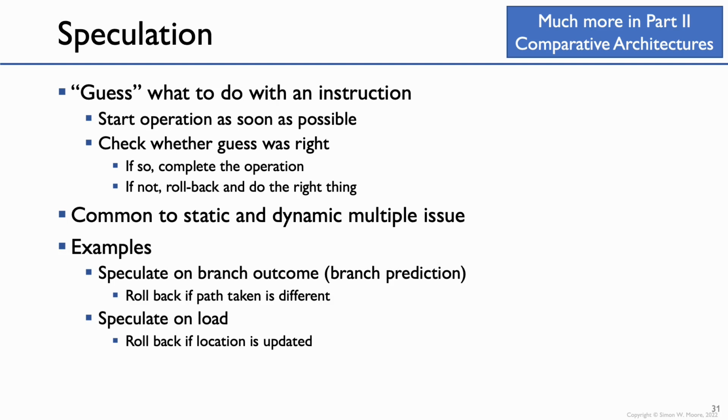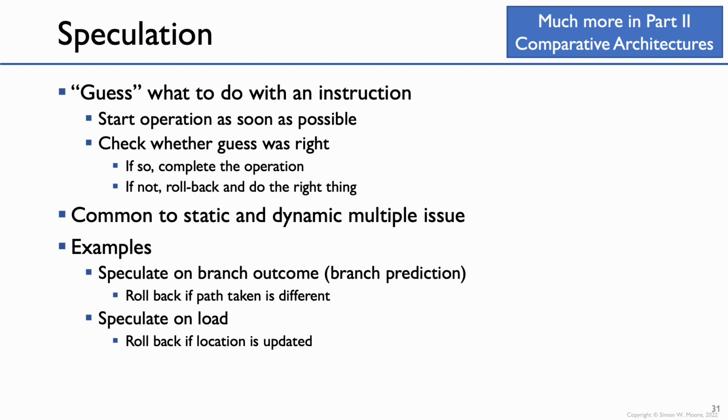Speculation is another exciting topic. So here we guess what to do with an instruction, or what an instruction will do once it's finished executing. And here the idea is to start an operation as soon as possible and to check whether the guess was correct, and if so, complete the operation, and if not, roll back and do the right thing.